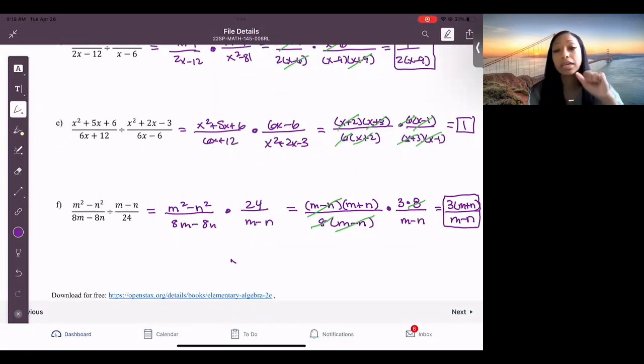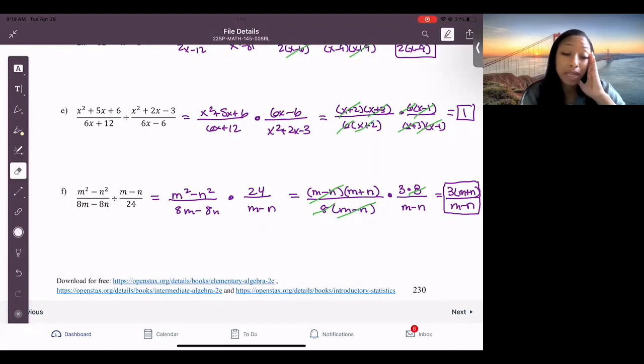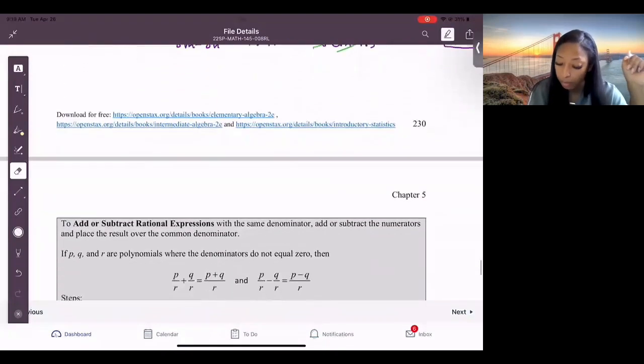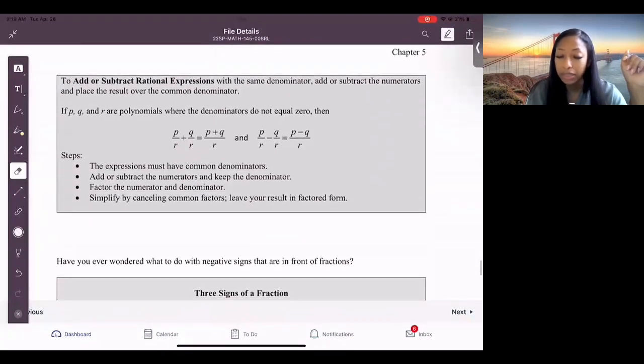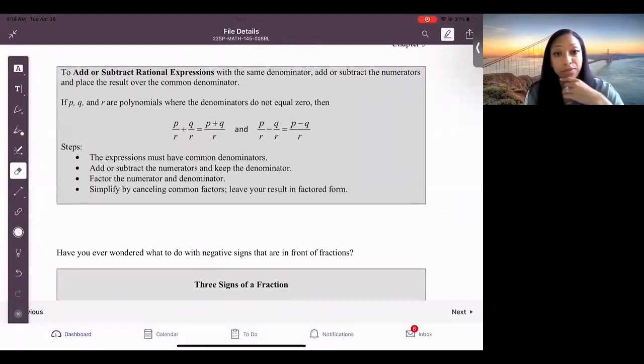All right, so now we know how to simplify rational expressions, multiply and divide. Next, we need to talk about adding and subtracting. To subtract fractions, you have to have common denominators. If you don't, then you have to find the LCD, least common denominator, multiply, and make your denominators the same some kind of way. For our problems, we're only going to be looking at rational expressions that already have the same denominator.